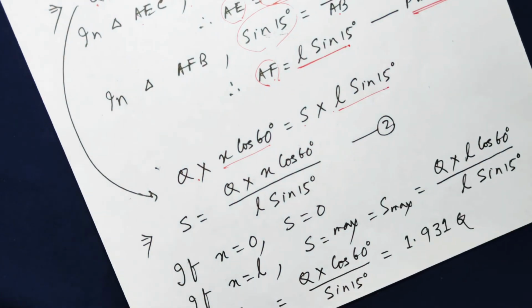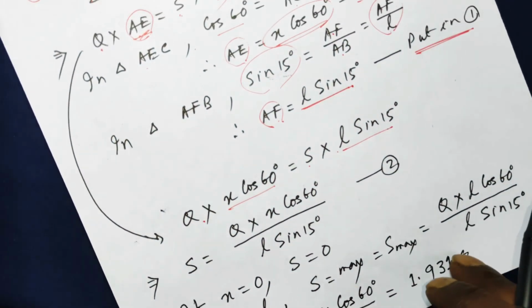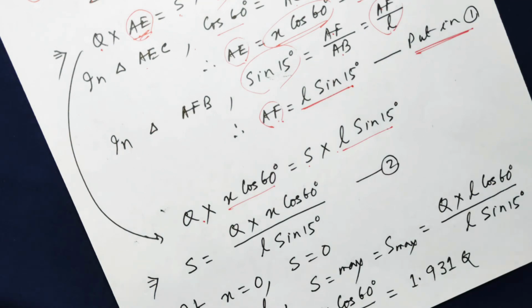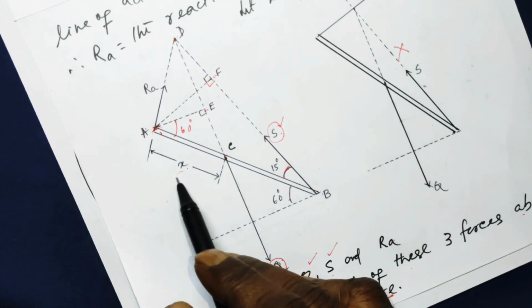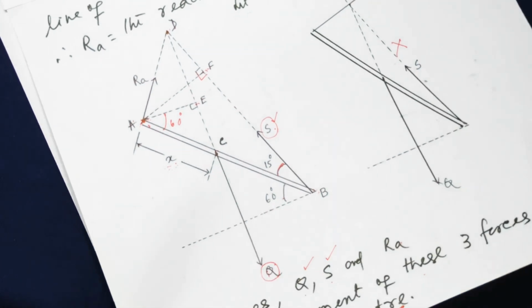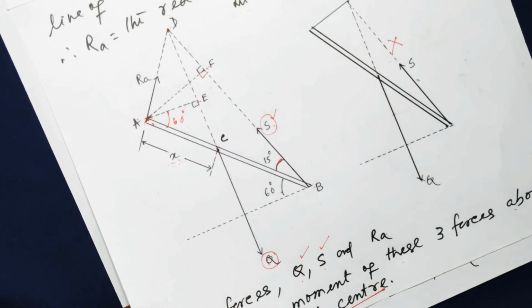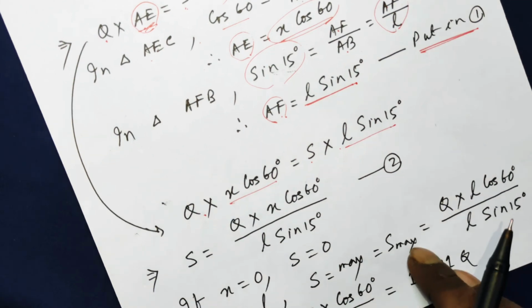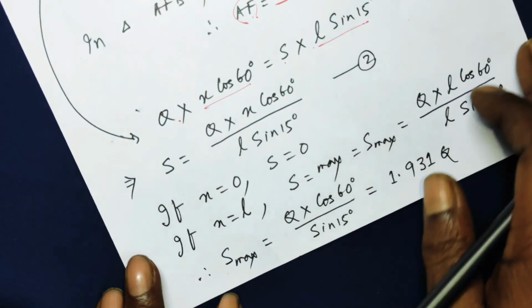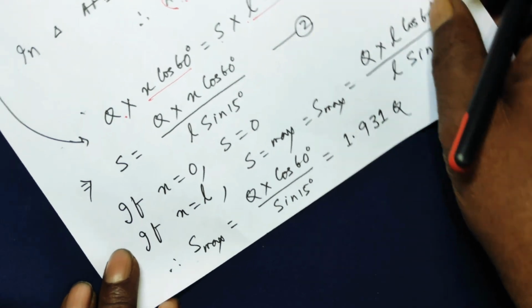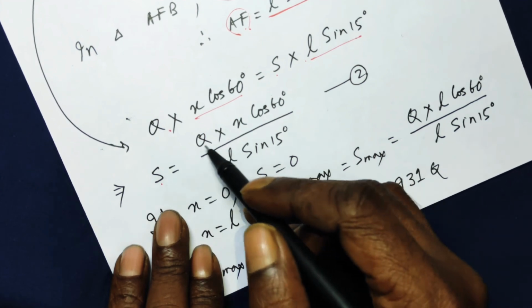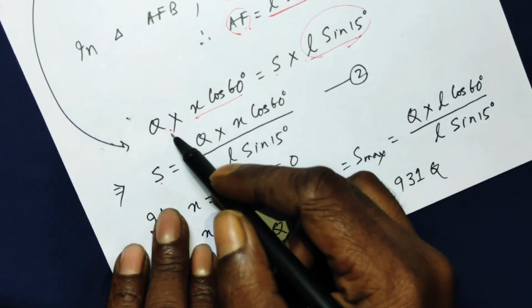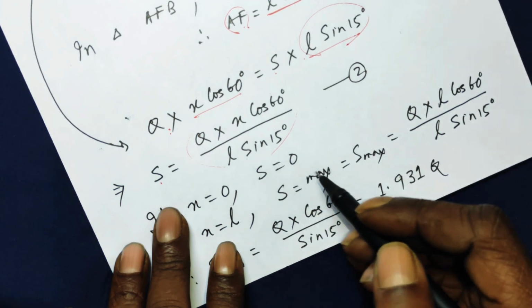So we are required to find out the value of S. We have taken this unknown distance as X, and this X will be found out for the maximum value of S. Now, I keep S, the axial force developed in the cable, on one side. So this L sine 15 comes to the left side, so it is divided.